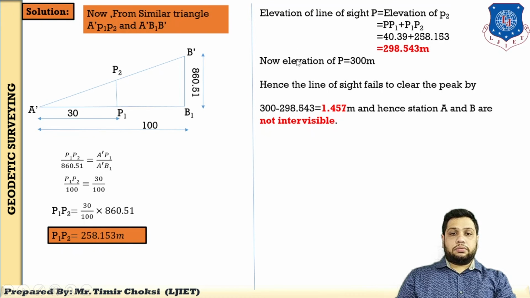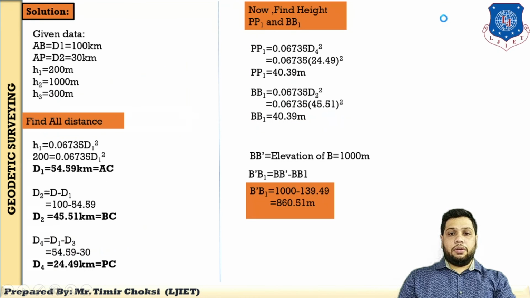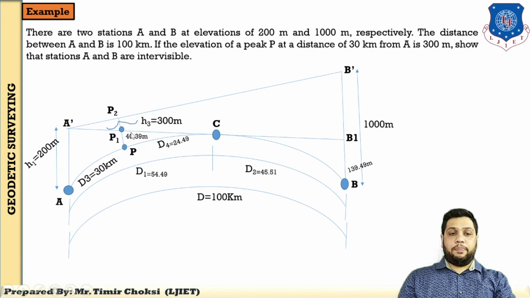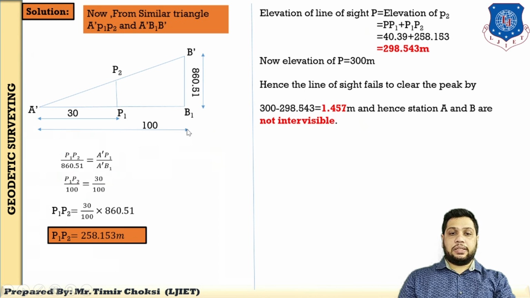Now the elevation of the line of sight at P is the elevation of P2. You have already found the elevation up to P1. So P2 P1 is 40.39 and P1 P2 is 258.153. Add them, and the answer is 298.543. Now the elevation of P is 300 meters, already given.